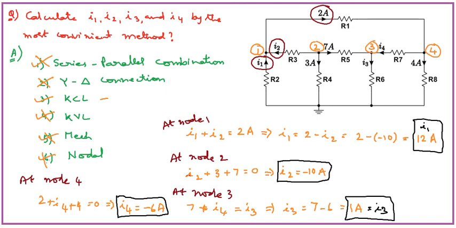So nodal analysis is also not applicable here. KVL and mesh analysis are not applicable, and as the resistors are unknown to us, series parallel combination and star delta combination can't be applied. So definitely we need to go ahead with Kirchhoff's current law only. This is the final thing.